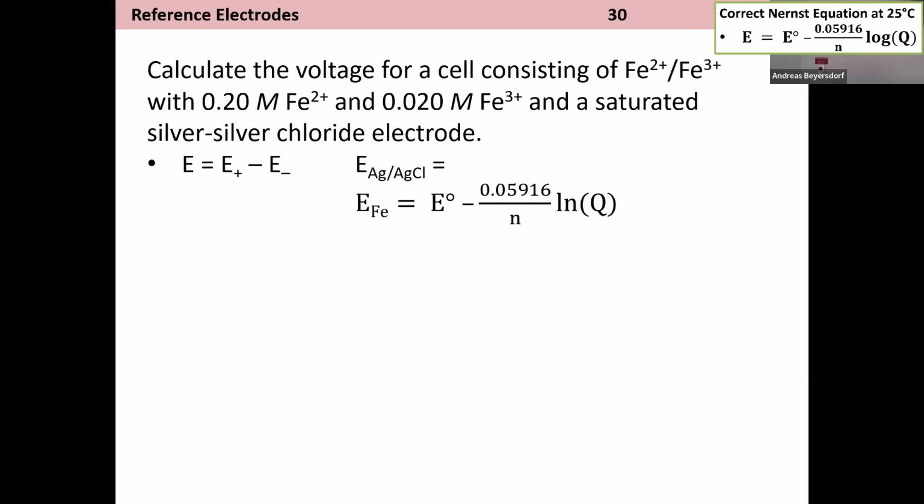So let's look at our problem. Our Fe2+ is 0.2 molar. Our Fe3+ is 0.02 molar. So that's going to give us 10.